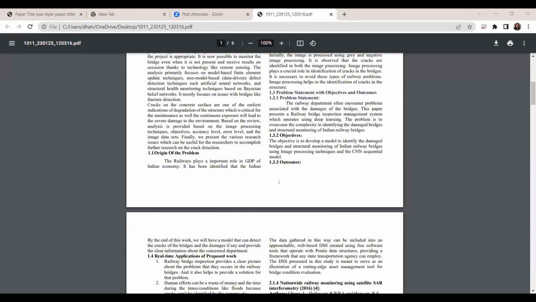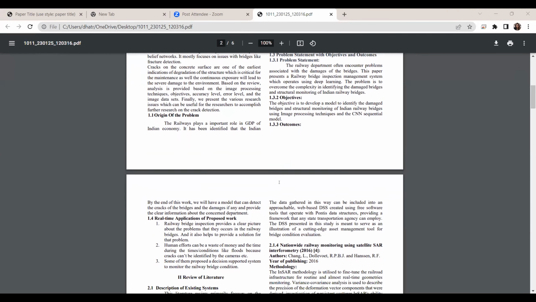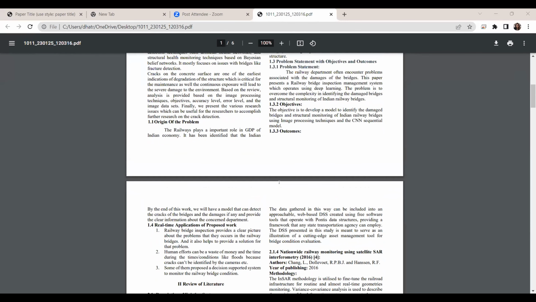The problem is that the railway department has encountered problems associated with damage to the bridges. We have developed a model to detect the cracks in the bridge.